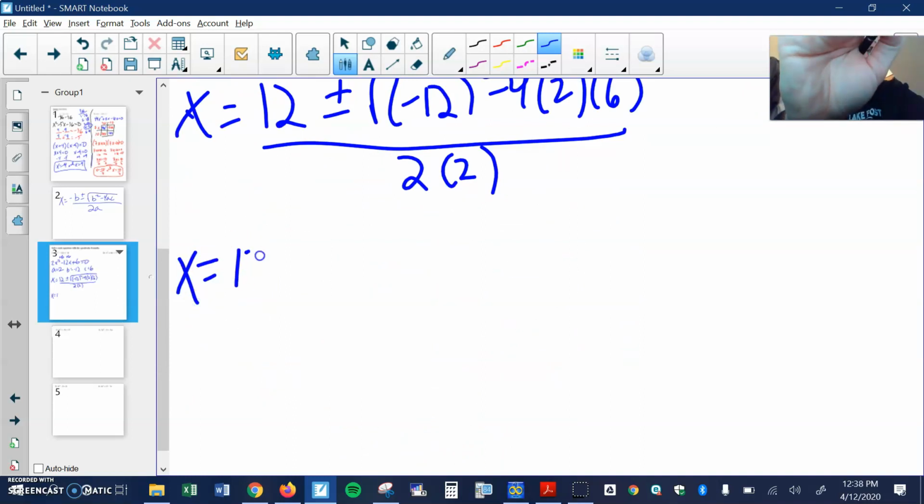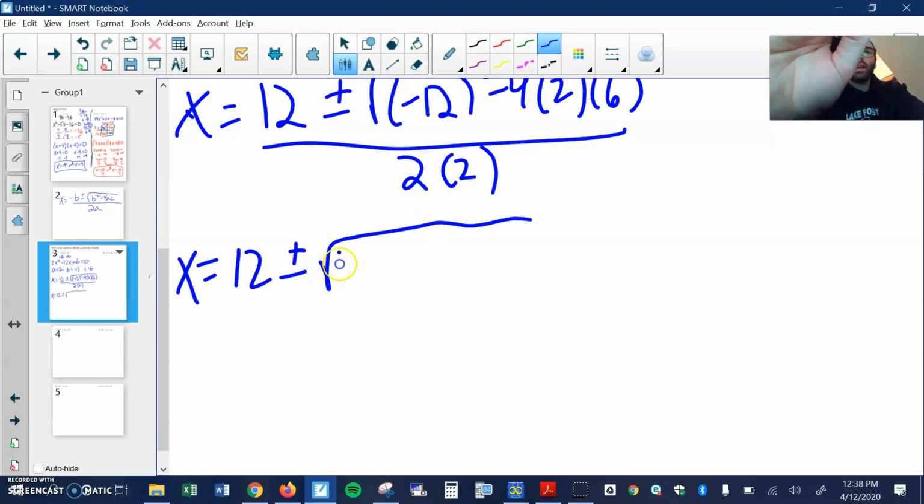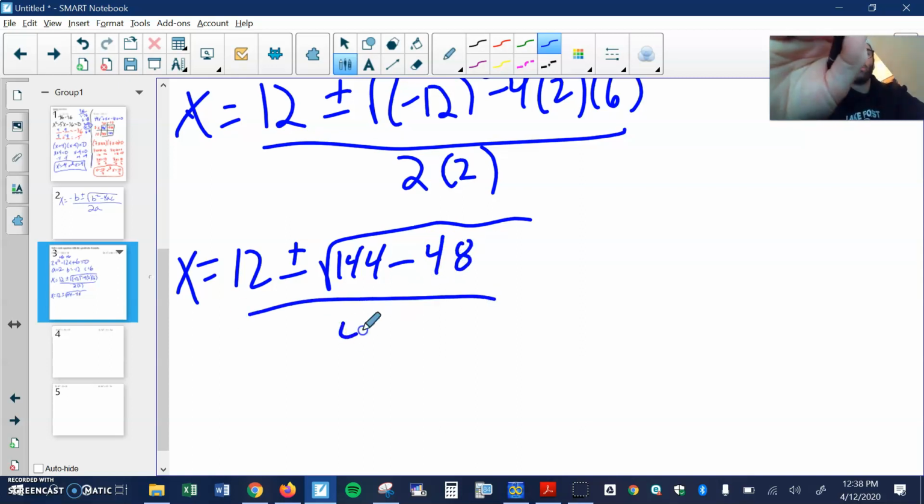Keep going. 12 plus or minus negative 12 squared, remember, is negative 12 times negative 12 gives me positive 144. Minus 4 times 2 is 8. 8 times 6 is 48. All over 4. Now, from here, I want to simplify underneath the radical.